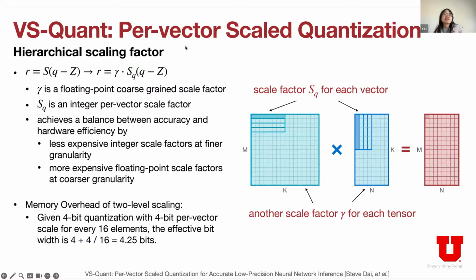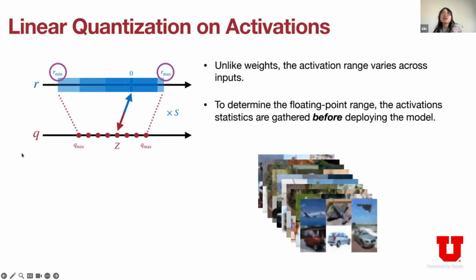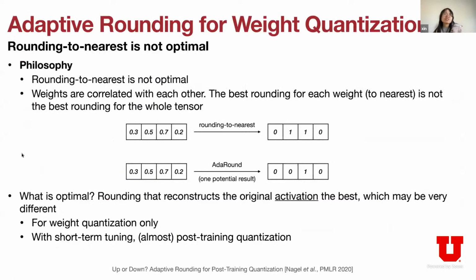And actually here there are some variants of the algorithm. For example, in this vector, it has values from 0.3 to 0.7, and if it is rounded to nearest, assume we only have 1 bit to represent them. The one close to the maximum would be 1, and the values close to the minimum value 0.2 would be 0.